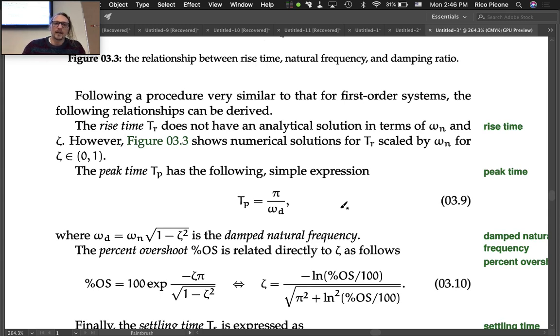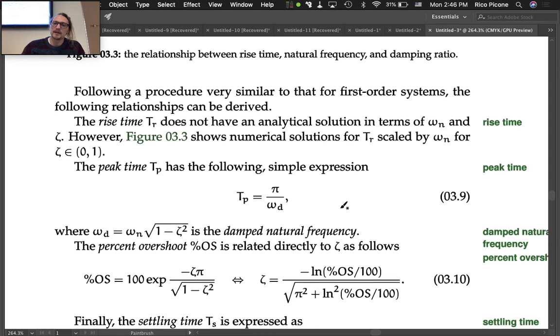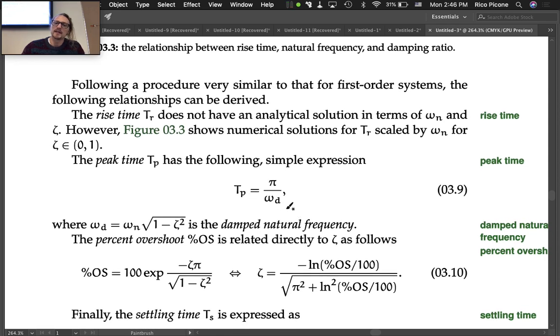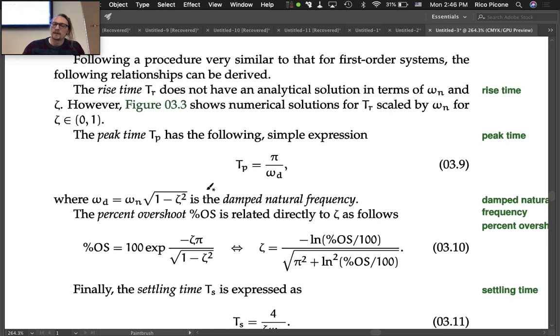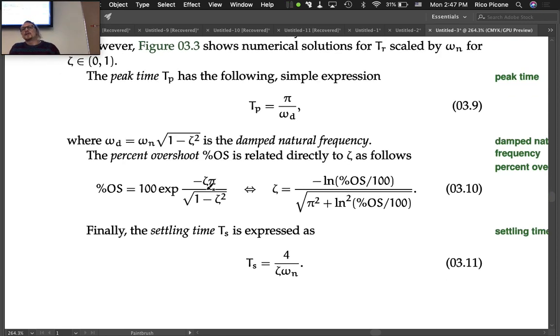Great. The peak time, TP, has the following simple expression. So the peak time is related to the damped natural frequency with this simple relationship. It's a pretty cool relationship, and so it's good to keep that in mind. So the peak time is much simpler than the rise time for second-order systems to describe. The percent overshoot is related directly to the damping ratio, so it doesn't depend at all on the natural frequency.